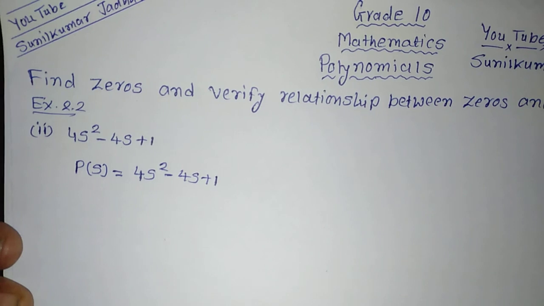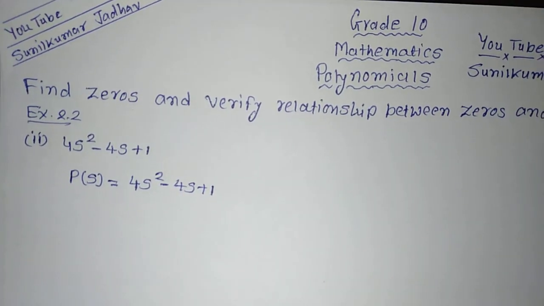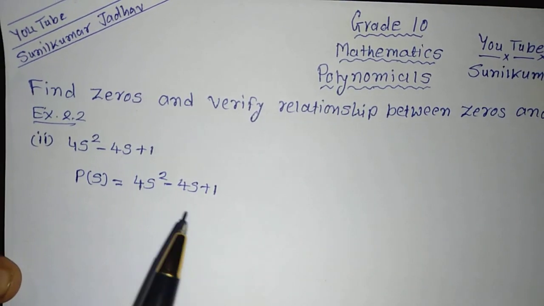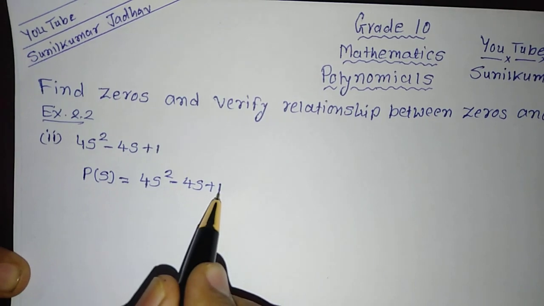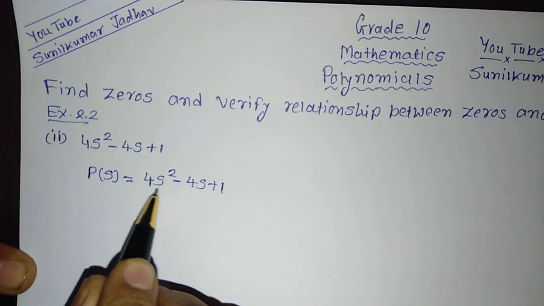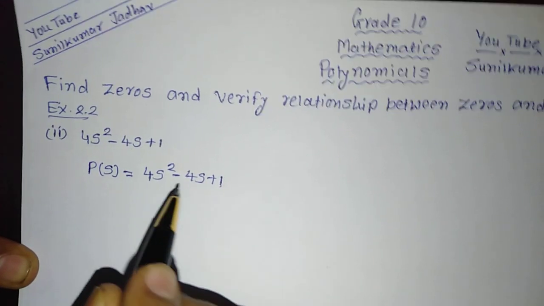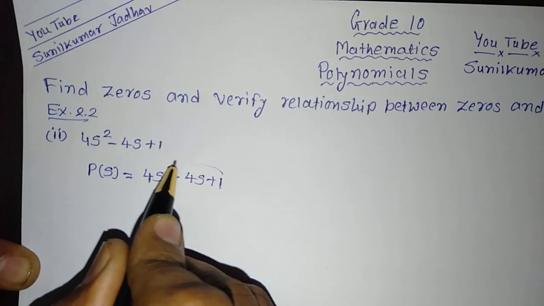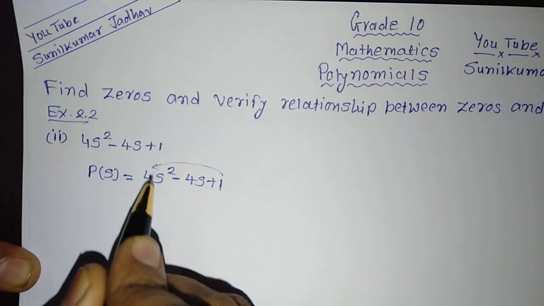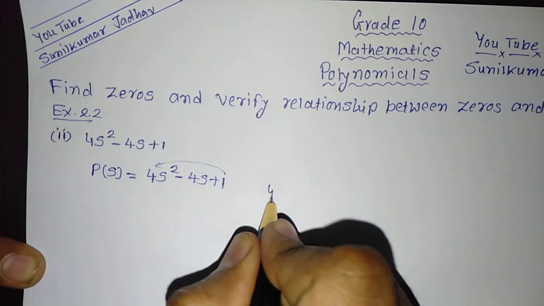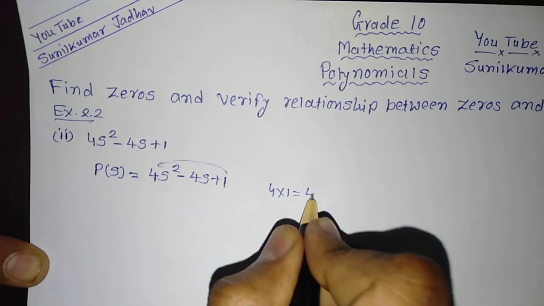We know the factorization method. In this factorization method, what we have to do, this is 1 and here s square has the coefficient 4. So first of all we have to multiply this 1 and 4. So 1 into 4, that is 4 into 1 is equal to 4.